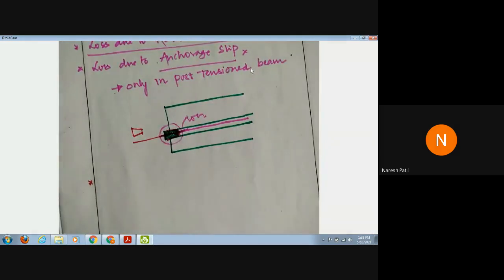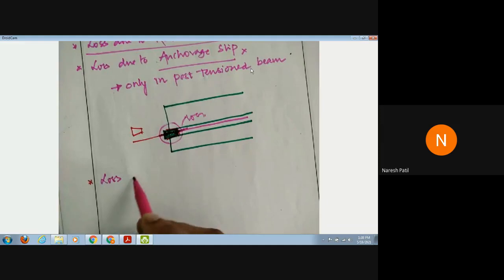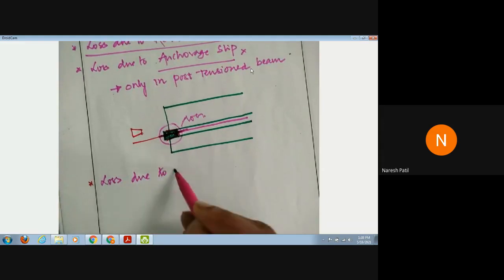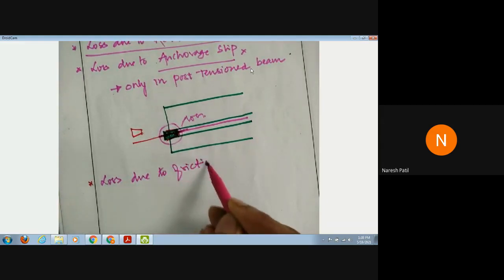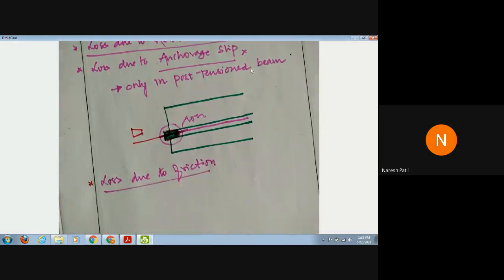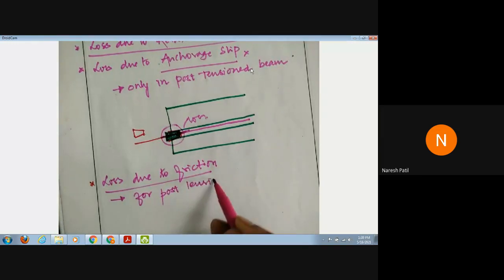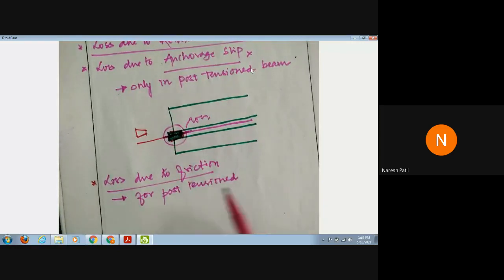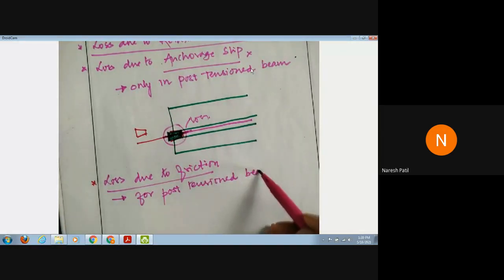Next is loss due to friction. This will occur only for post tension. Now tell me, why will this appear only in a post tension beam?